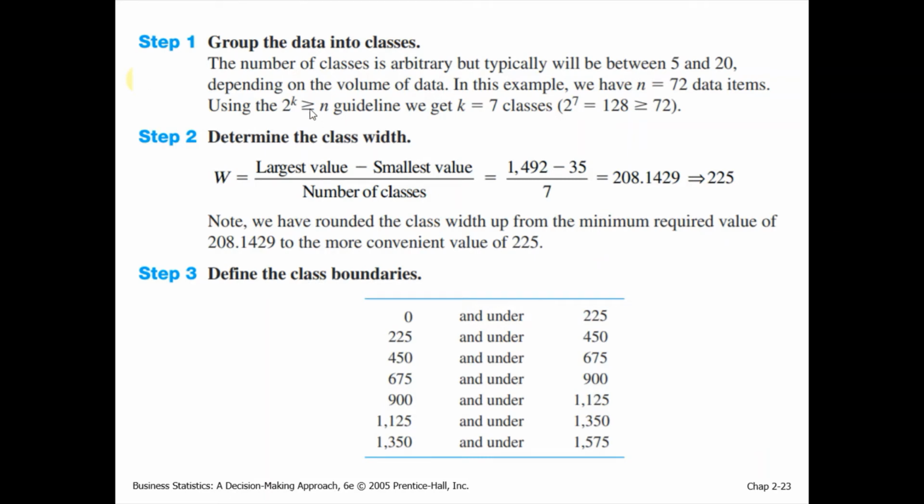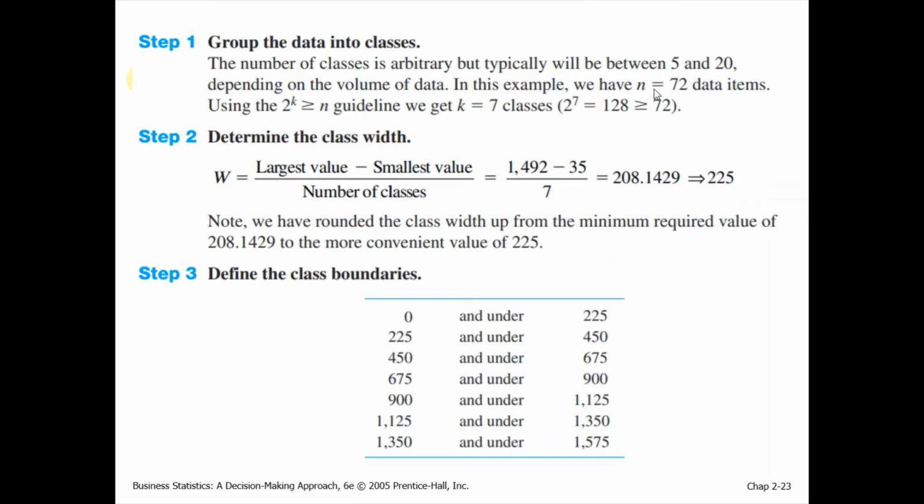So, using this 2 to the k greater than or equal to n guideline. So, kani atong gamiton murag guideline or formula, no? We have 2 to the k, where the k is, anong 7? 7 atong k. Okay, ang ato ang n is 72.